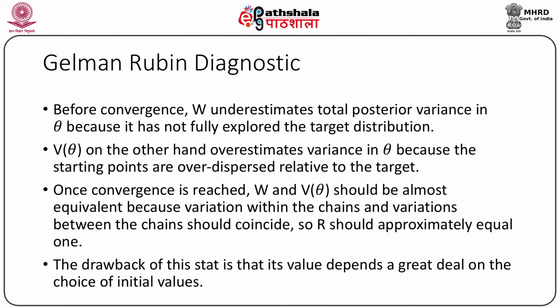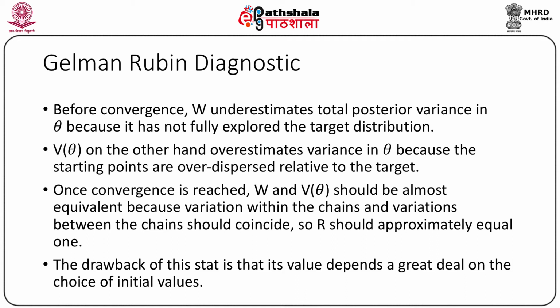Some fine points. Before convergence, W underestimates total posterior variance in theta because it has not fully explored the target distribution. V hat theta, on the other hand, overestimates variance in theta because the starting points are over-dispersed relative to the target.